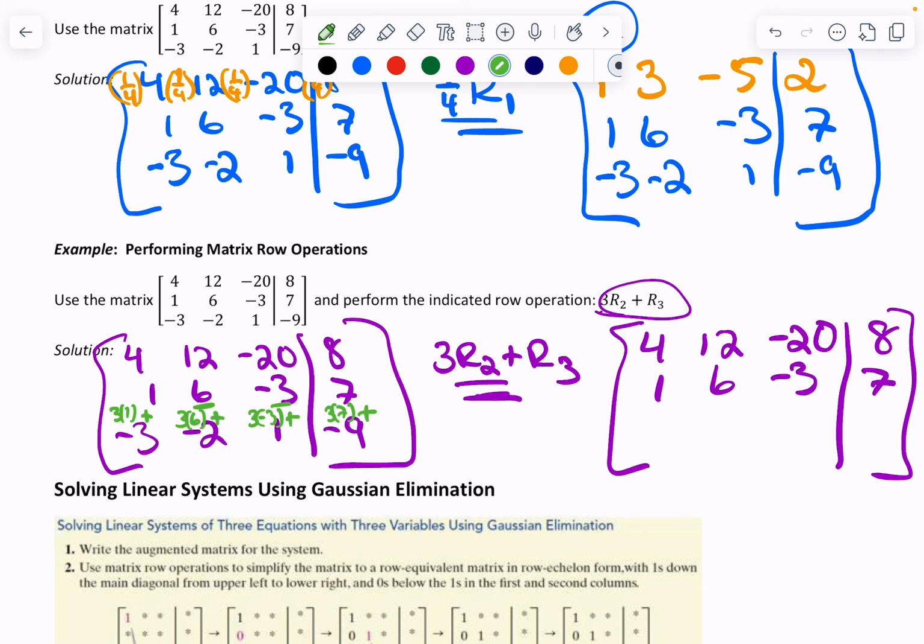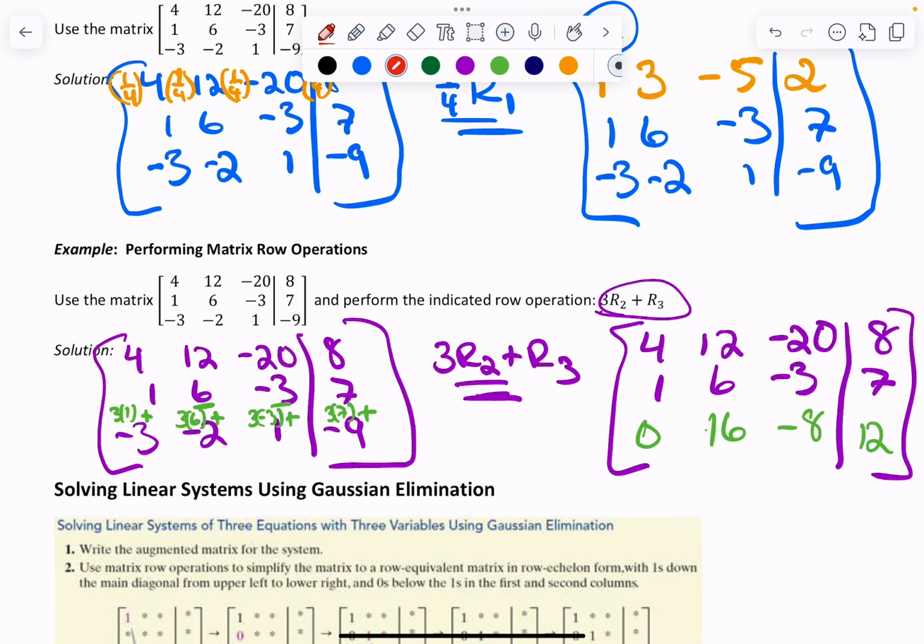So 3 times 1 minus 3 is going to be a 0. 3 times 6 minus 2 is going to be 16. 3 times -3 plus 1 is going to be -8. And 3 times 7 minus 9 is going to be 12. Okay.